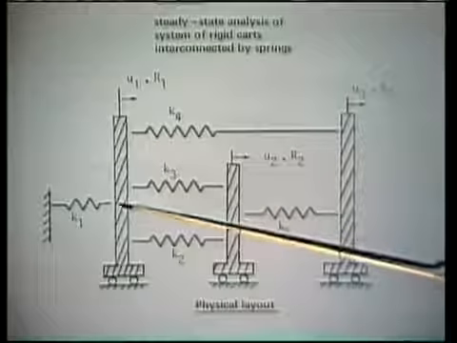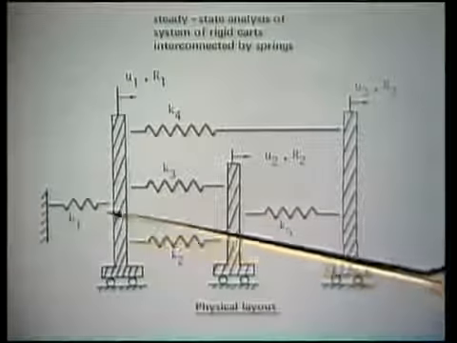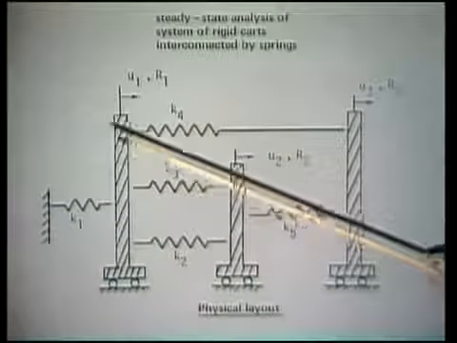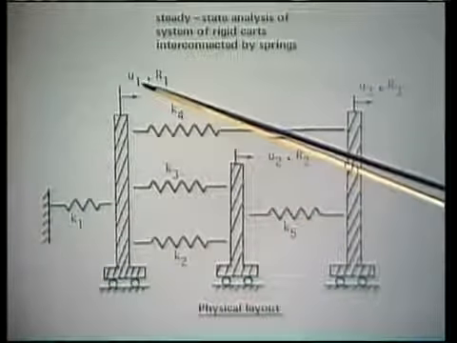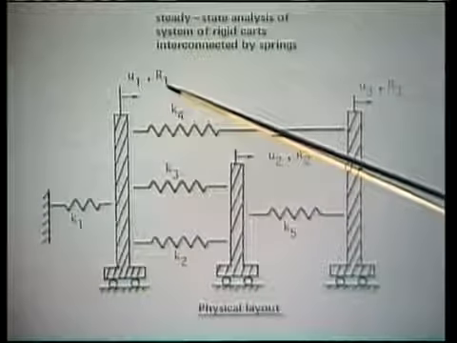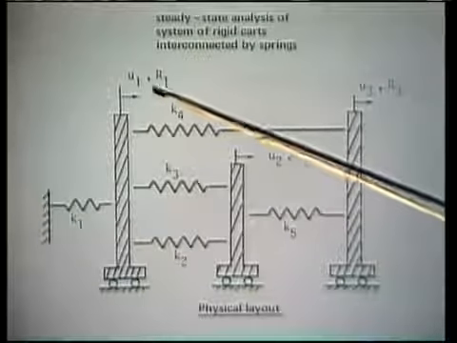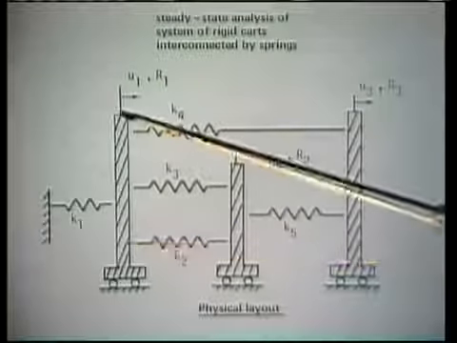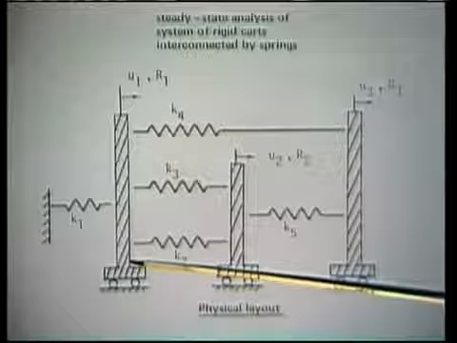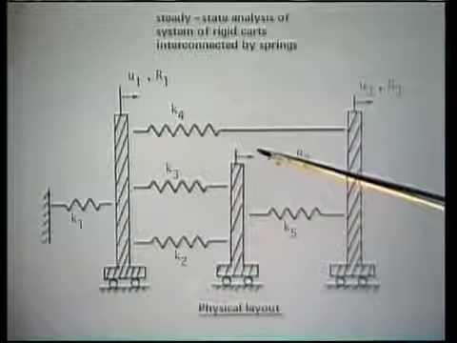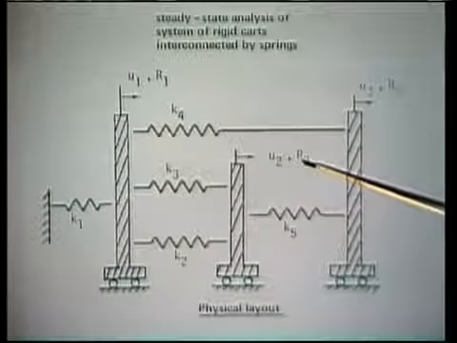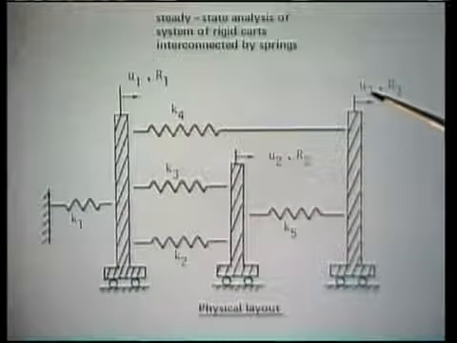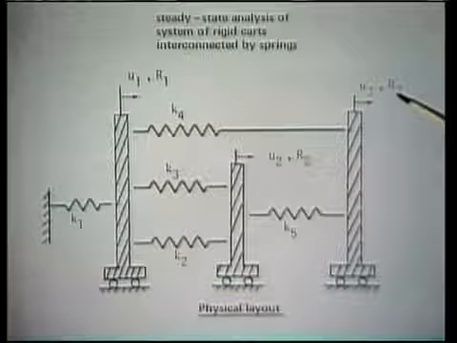And the first card here is connected via K1 to a rigid support that does not move. The displacement of this card here is U1. The load applied is R1. Notice that U1 is the displacement of each of these springs since this card is rigid. The displacement of this card here is U2 and R2 is the load applied. The displacement of this card is U3 and R3 is the load applied.